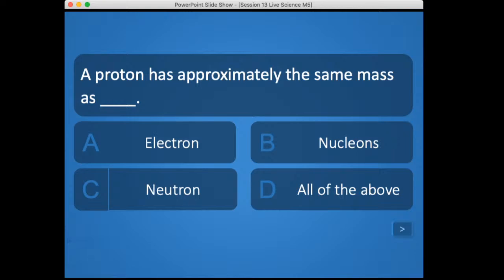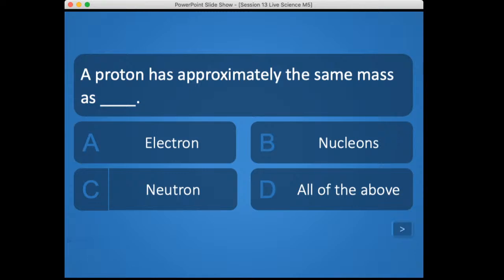Question 3. A proton has approximately the same mass as A. Electron, B. Nucleons, C. Neutron, D. All of the above. Those are present, can you type your answer?